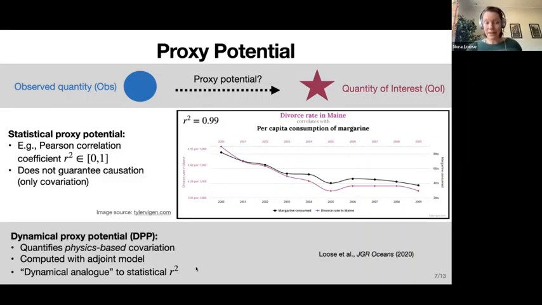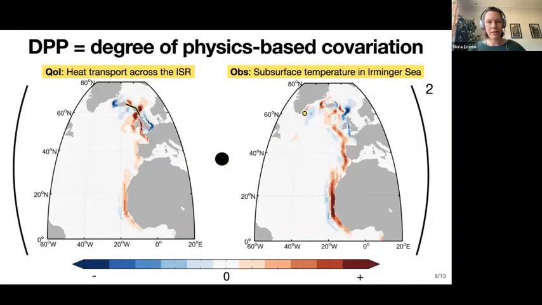So let's apply this concept of dynamical proxy potential to the example that we've looked at in the first part of the talk. Let's say our quantity of interest is heat transport across the Iceland-Scotland Ridge, and we have an observed quantity by OSNAP, namely subsurface temperature in the Irminger Sea.